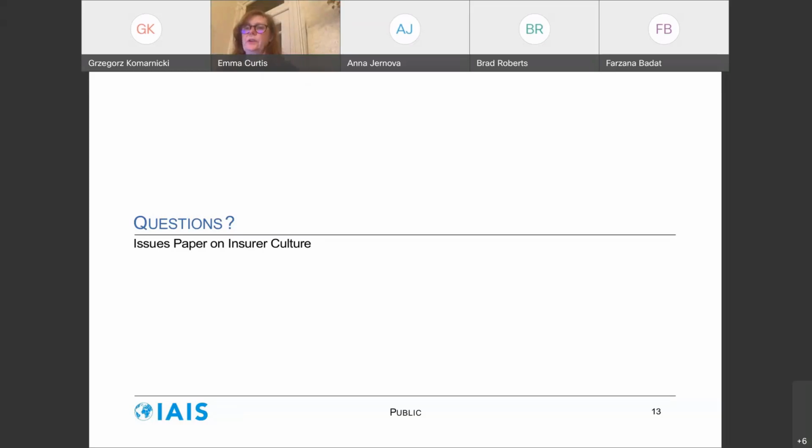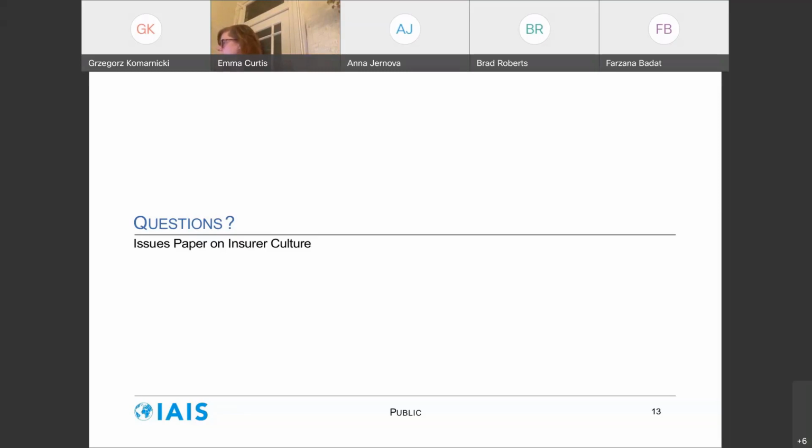Why don't we address them as we go? So, Anna, do you want to have a go at that one first? Sure, I was happy to. I think it's fair to say that they're not the same, but we do see them as interlinked. I know we had a diagram earlier on the slide deck of what we see as some of the drivers of culture, and some of the relationships between culture and conduct.